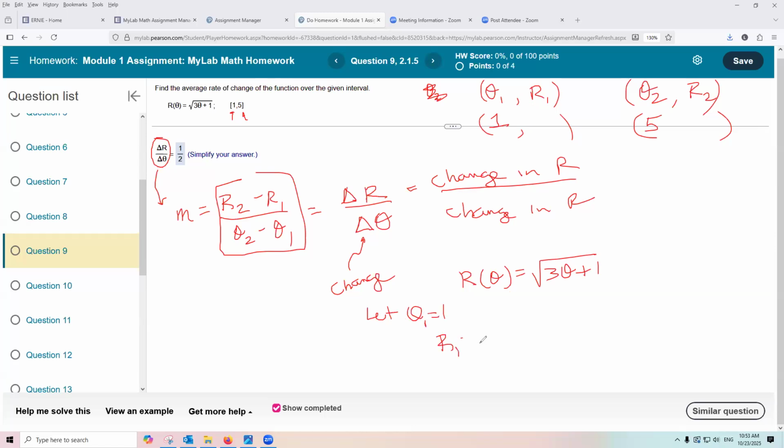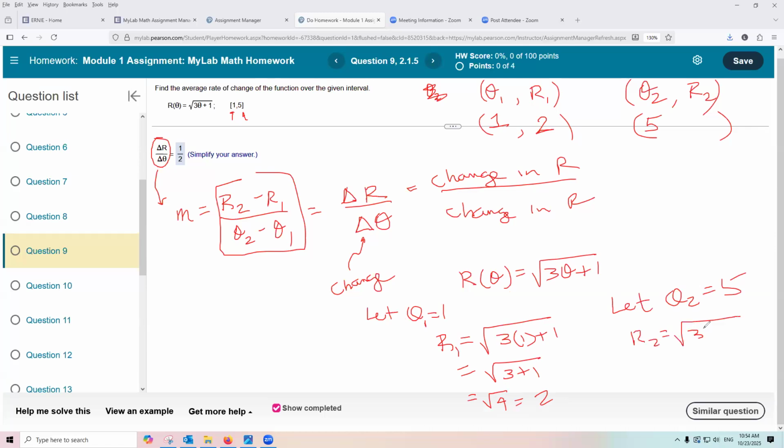So r sub 1 is the square root of 3 times 1 plus 1. That's the square root of 3 plus 1, the square root of 4. That's a 2. So r sub 1 is a 2. Now let's do it for the theta sub 2 value of 5. So r sub 2 is the square root of 3 times 5 plus 1. That's the square root of 15 plus 1, square root of 16. So that's a 4. So r sub 2 is a 4.